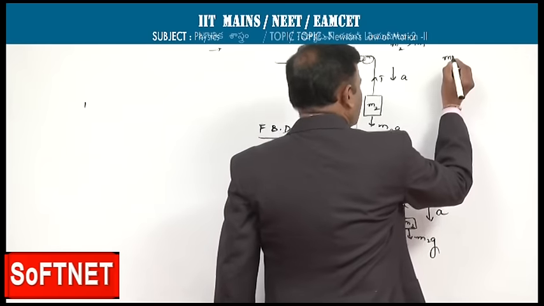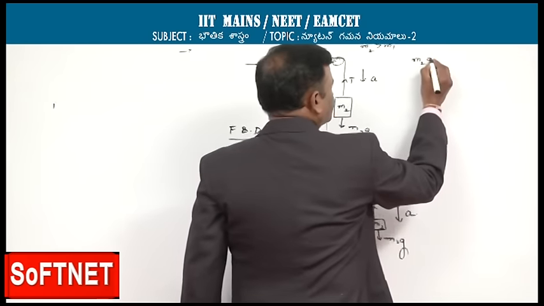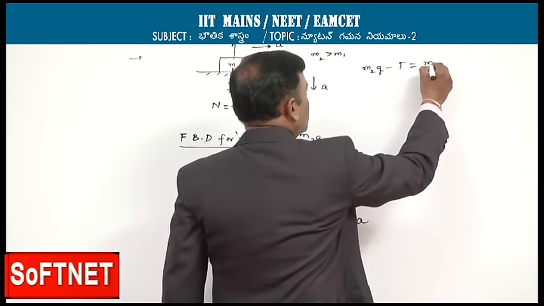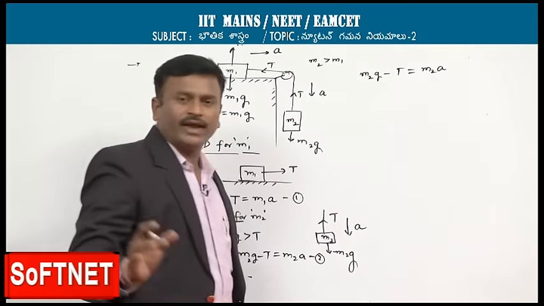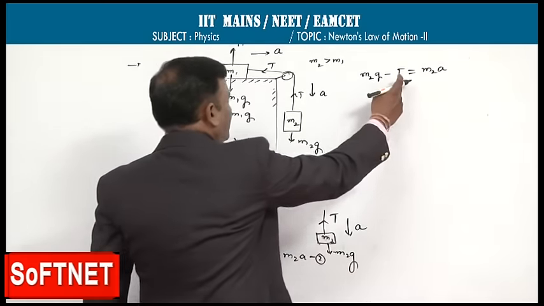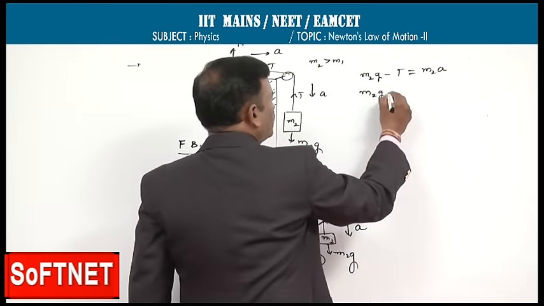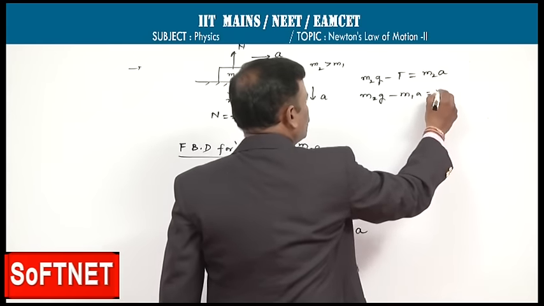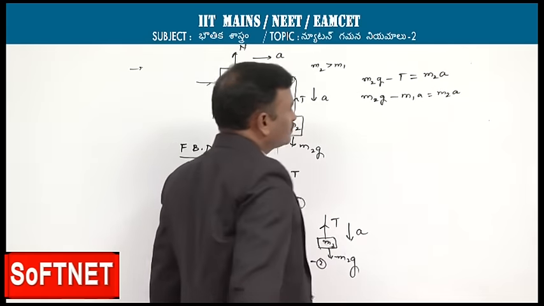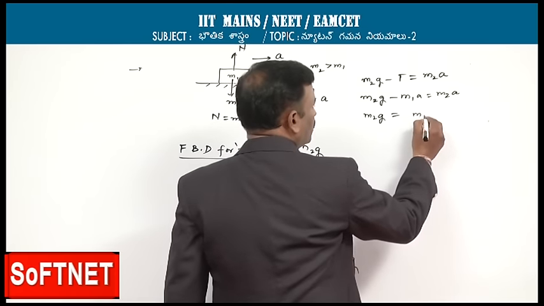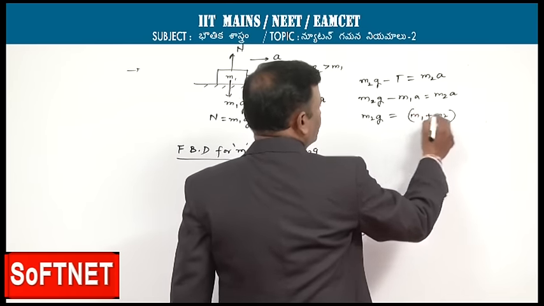So the second equation is m2g minus T is equal to m2a. But actually T is equal to m1a. So m2g minus m1a is equal to m2a. Here m2g is equal to m1 plus m2 into a.